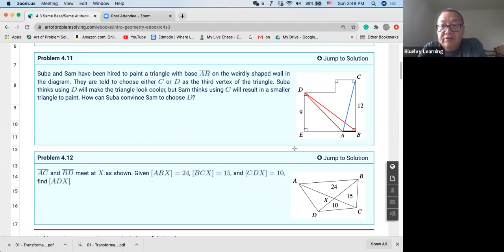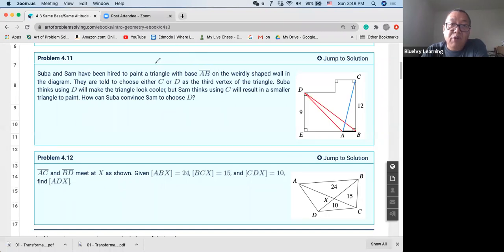Now, if Suba tries to convince Sam to choose D, definitely the area of ABD should be less than or equal to ABC, right? So first, let's calculate the area of ABD and ABC.